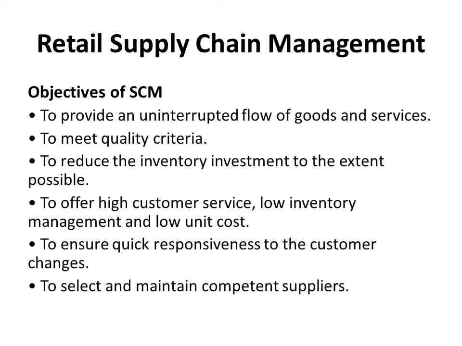Almost all products have to pass three different stages: conversion of raw materials into semi-finished product, then semi-finished product into the finished one. So first the raw material stage, then you will have work in progress, and at the last stage you have the finished product.